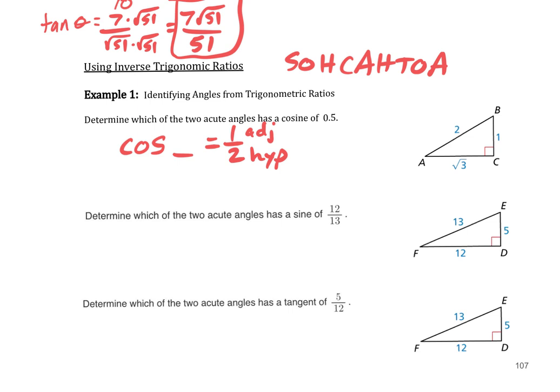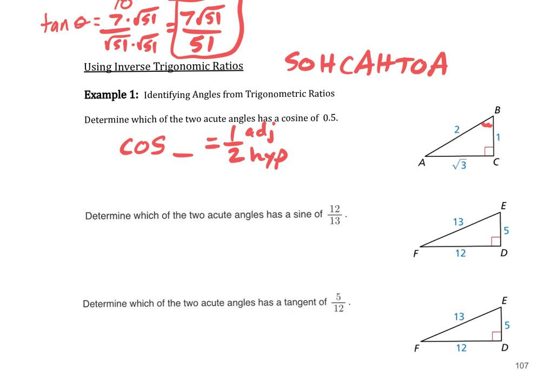So what angle is adjacent to this side, and the hypotenuse is 2? Well, the hypotenuse is always going to be 2. So which angle is adjacent to 1? B or A? Okay, so if I go from B, this would be the opposite side.